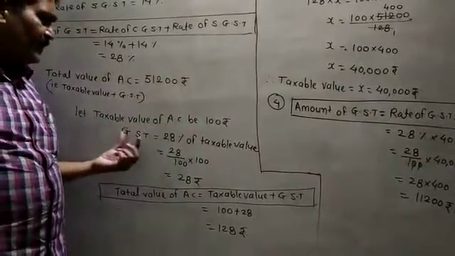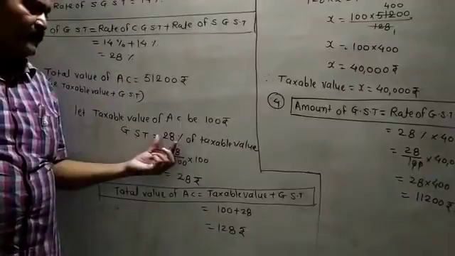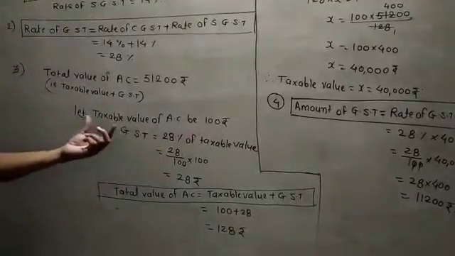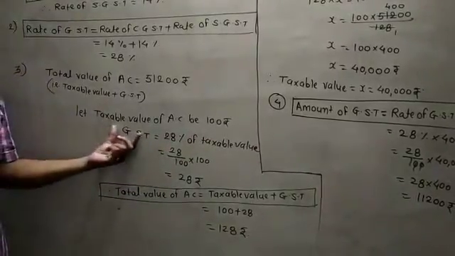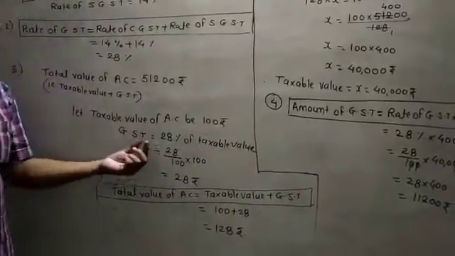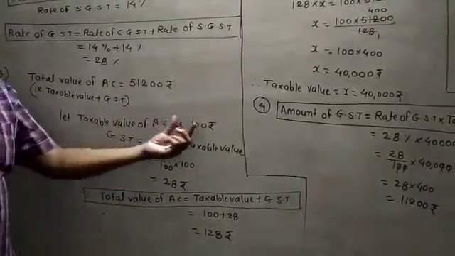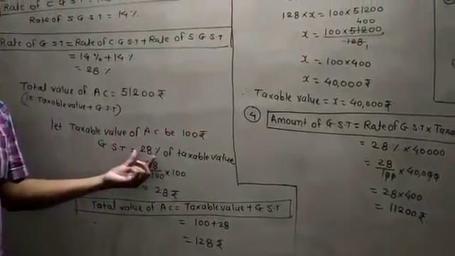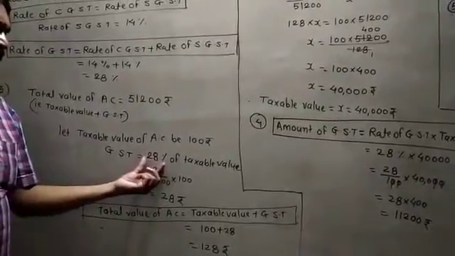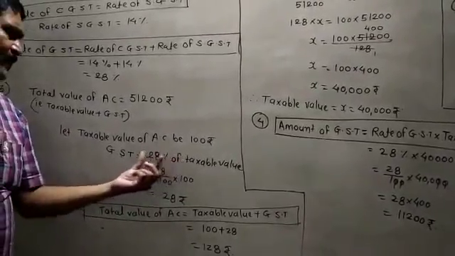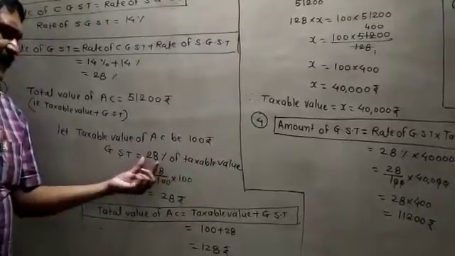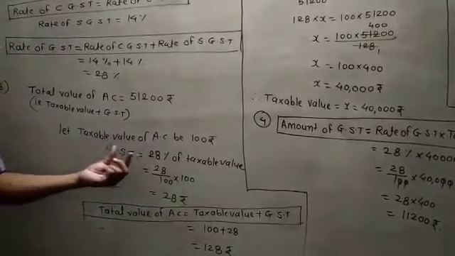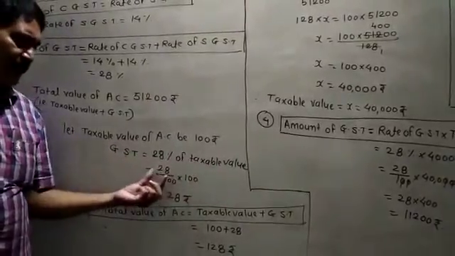If the rate of GST is 28% of taxable value, then you have to find out the GST. GST is equal to 28% of taxable value. If the taxable value is 100, you have to find out the amount of the GST according to the 28% GST. The amount of GST is equal to 28% of taxable value.